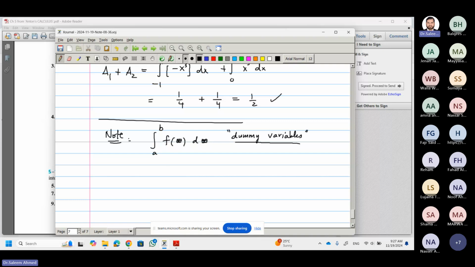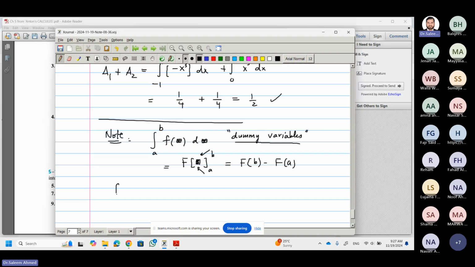So what do we mean by that? We mean if you have an antiderivative, whatever variable is here, you got the answer, because at the end you have to put the values a and b. So it doesn't matter if it was x or y or z or t. At the end it is replaced by b and a. So both will be the same.